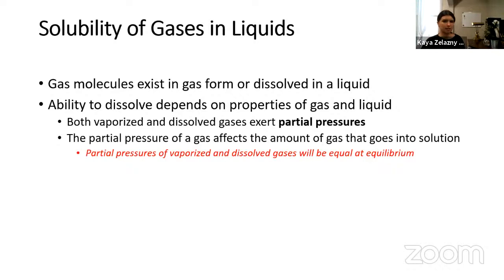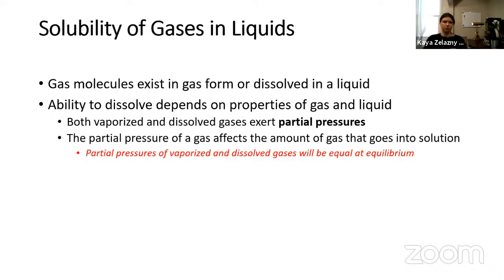But as we track carbon dioxide and oxygen through our systemic circuit, we're going to be referring to the partial pressures of those gases rather than to the concentration or the number of moles of those gases.